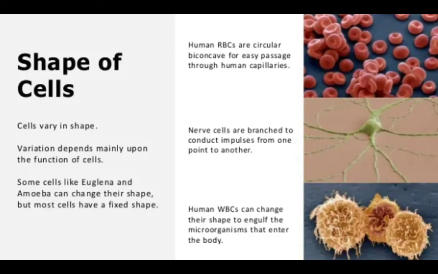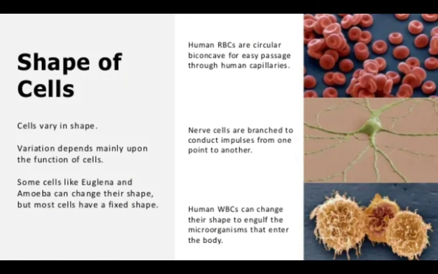Now the shape of cells. Cells vary in shape as well as in size. The variation depends mainly upon the functions of the cell. Some cells like Euglena and amoeba can change their shape, but most cells have a fixed shape. Like human RBCs are circular biconcave for easy passage through human capillaries.